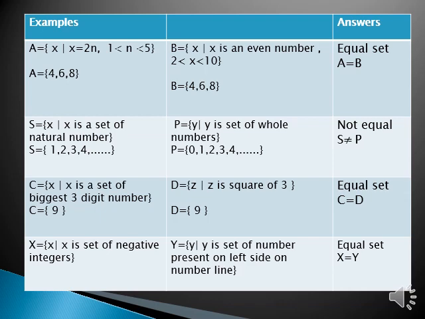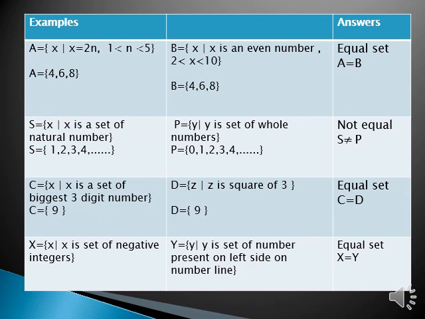Next, C is a set of x elements such that x is the biggest 3-digit number. Now the biggest 3-digit number is 999. Here 9 is repeated thrice, but as we know we don't have to write repeated elements more than once.